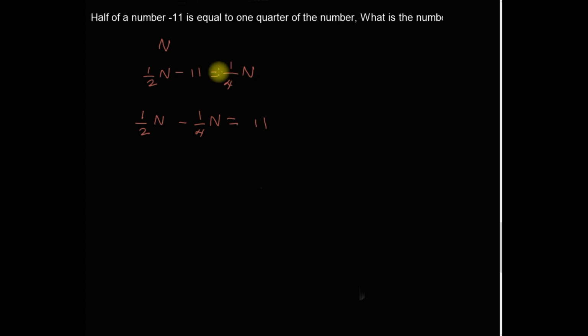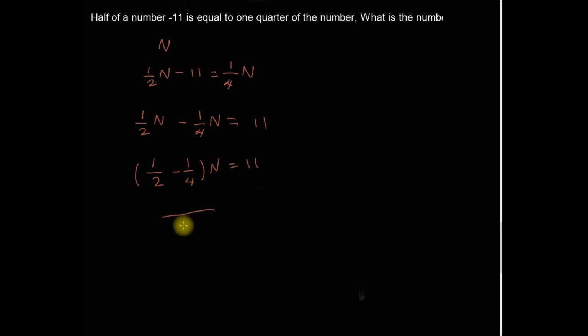This is the same as taking away 11 from both sides of this equation, and then taking away 1/4 of n from both sides. But I always prefer to remember that I just move one term from one side to the other side and change the sign, which is what we've done here. The rest becomes as per normal, as we have half minus 1/4 of n is equal to 11.